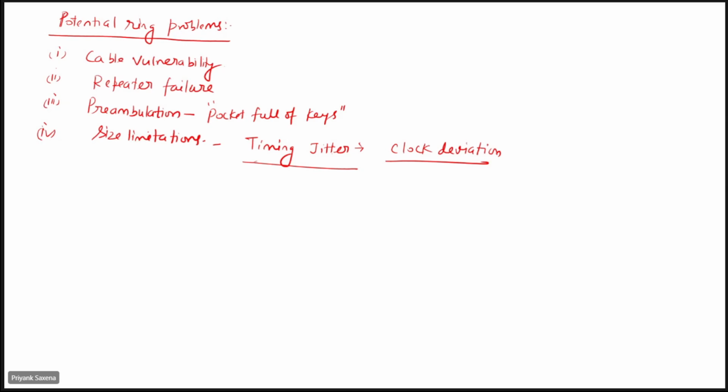So that is the first thing. The other thing is the timing jitter, because a large amount of delay will be introduced by the repeaters. So we can limit the number of repeaters in order to save that delay. We will be discussing this timing jitter in detail.